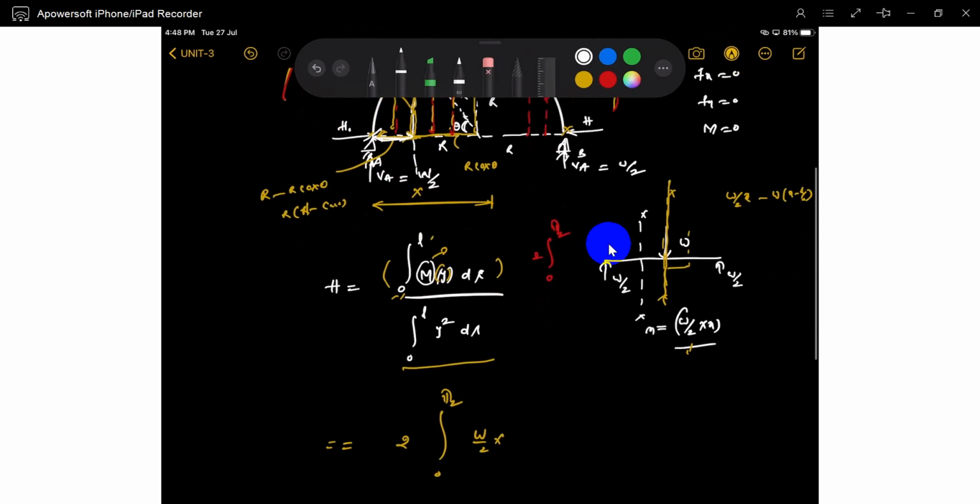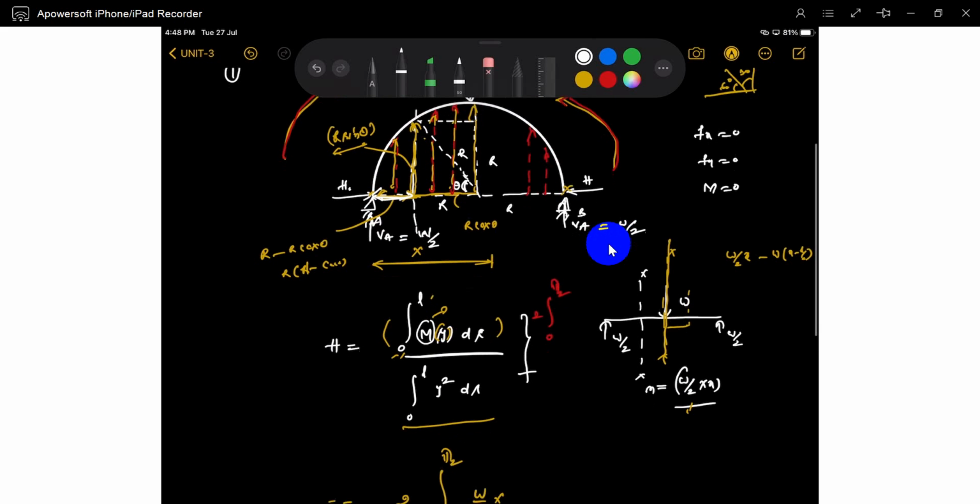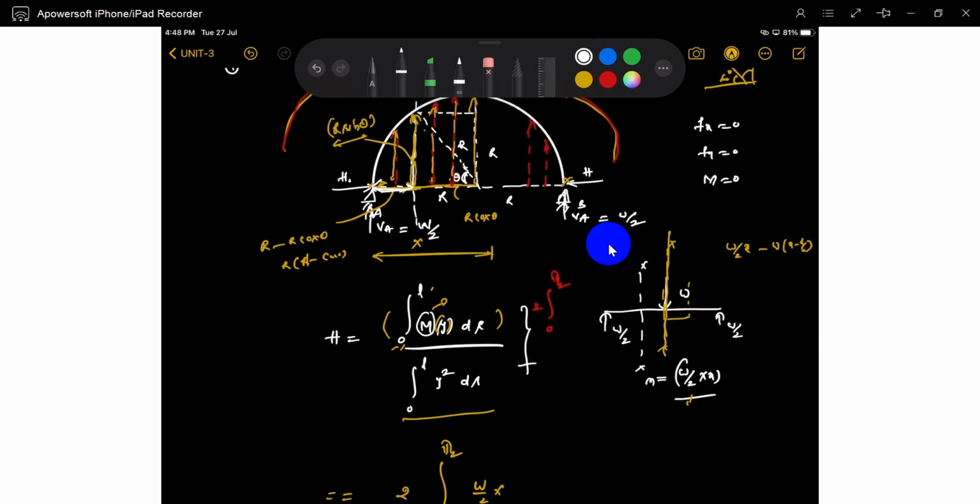R into 1 minus cos theta. If you take this theta, no problem. If you choose theta from the bottom or left, right, it makes no difference. The problem arises only if the h quantity is in terms of theta. But here you won't get h in terms of theta. It will give some value.